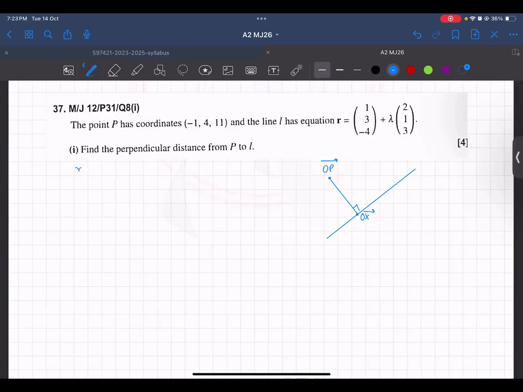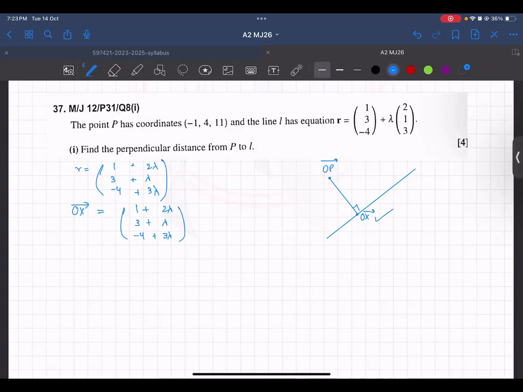So R equals 1 plus 2 lambda, 3 plus lambda, and minus 4 plus 3 lambda. In terms of this lambda, I can find the point of intersection between the perpendicular dropped from P to the line. It will be the same, 1 plus 2 lambda, 3 plus lambda, and minus 4 plus 3 lambda. Generalized coordinate for this point.